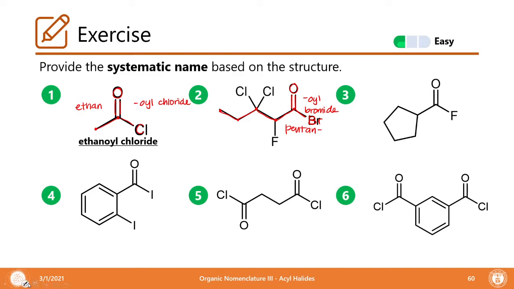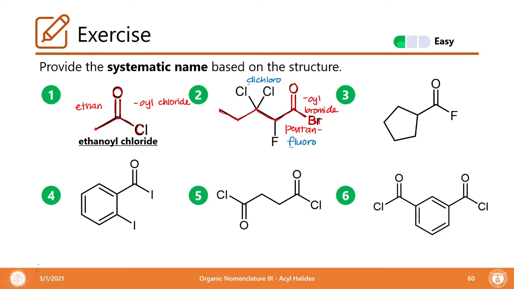And then here we have 2 chlorines, so we have a dichloro, and here we have a fluoro. In naming, dichloro will come first, and then after that is fluoro.